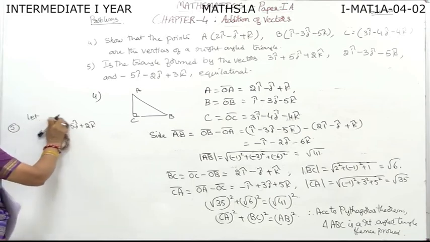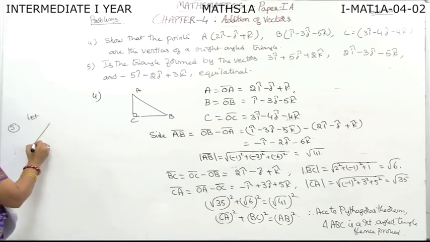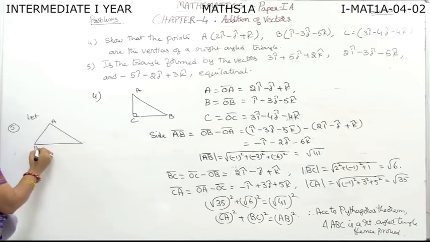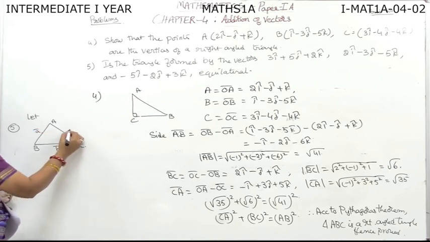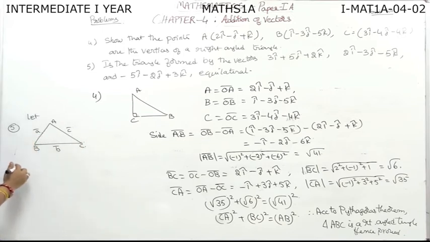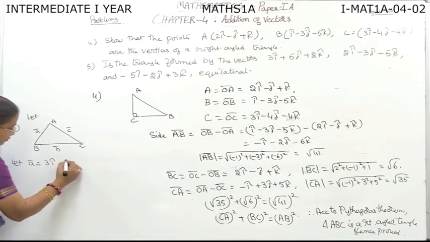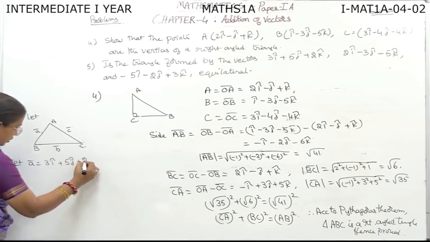So if you take the triangle like this, ABC like this. One side is A, another side is B, another side is C. So let A bar is equal to 3i plus 5j plus 2k.